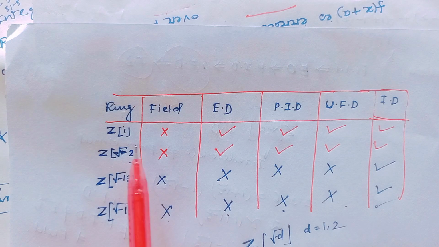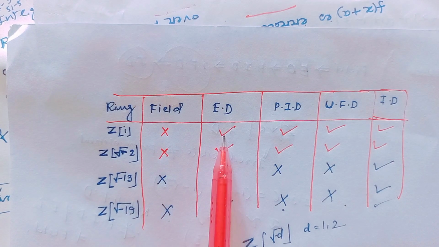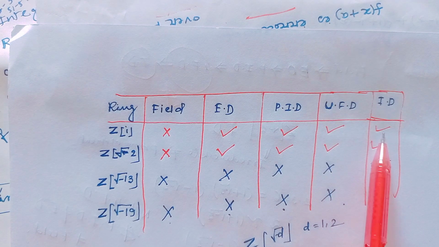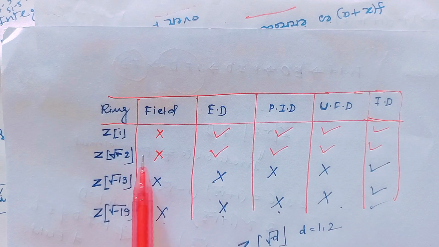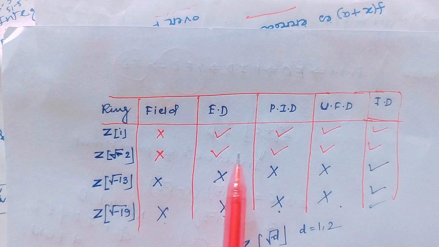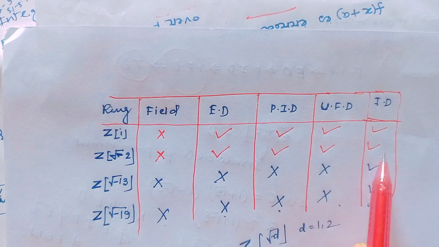Notice one table. Z[i] is not a field, but Z[i] is a Euclidean domain, P.I.D, U.F.D, and integral domain. Z square root of minus 2 is not a field, but this is E.D, Euclidean domain, P.I.D, U.F.D and integral domain.